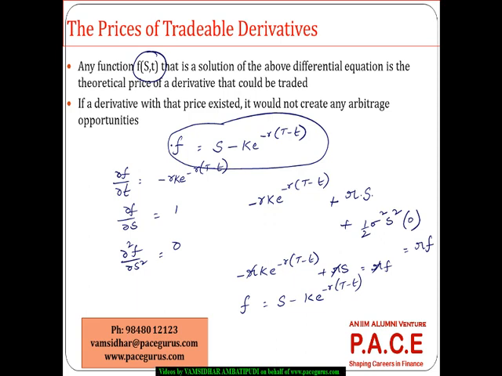But wherever I am not able to get that kind of a condition, then I can't do the pricing of any of these tradable derivatives in that manner. That's the typical way of pricing the derivatives. Now that's one point. Any derivative which requires pricing, I really need to see whether this differential equation is going to work or not.